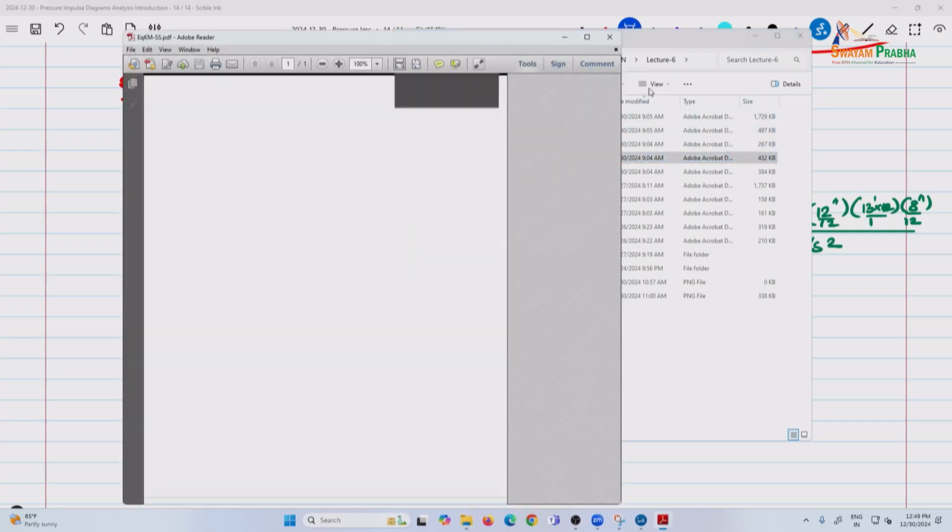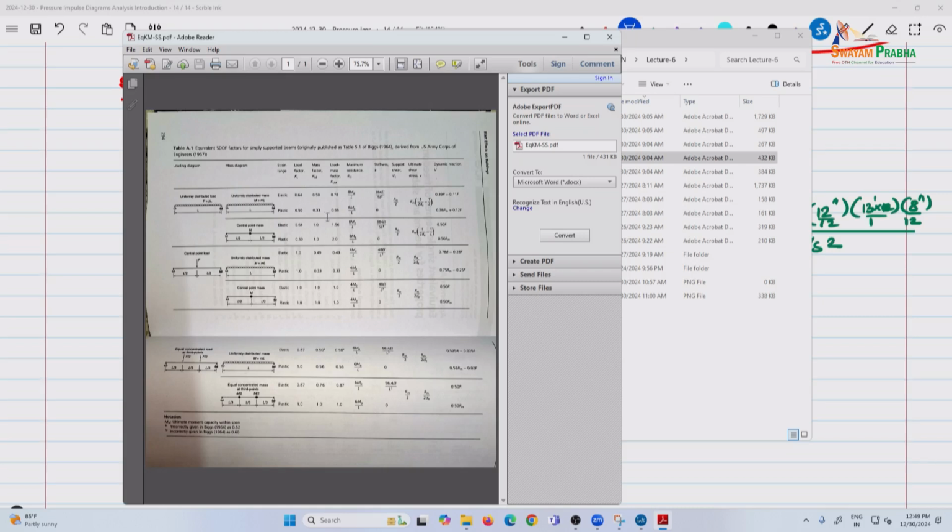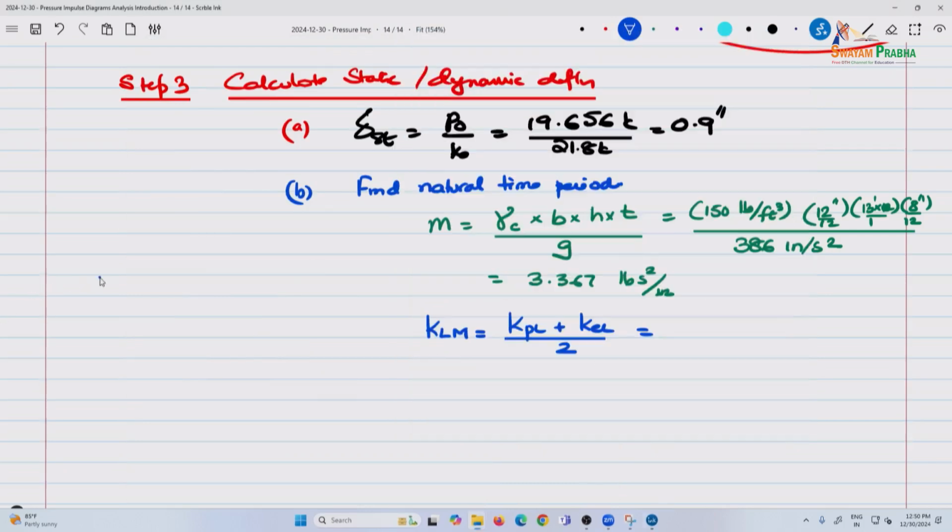So you can use these to get, I'll read it for you. If you see, mass factor is between these two. Load mass factor is 0.78 and 0.66 here. So this is KLM elastic.